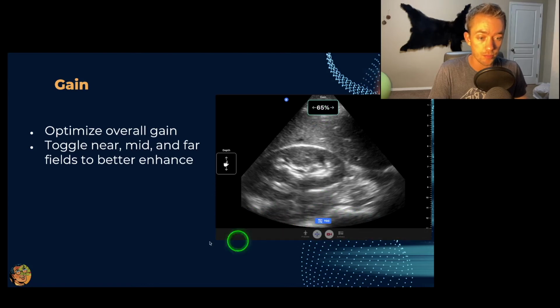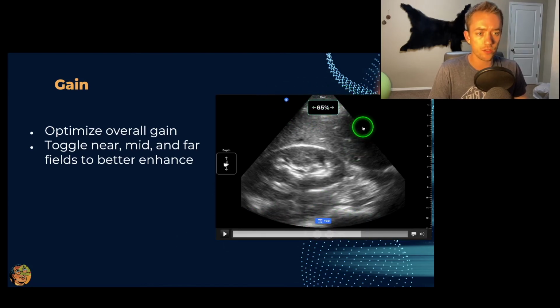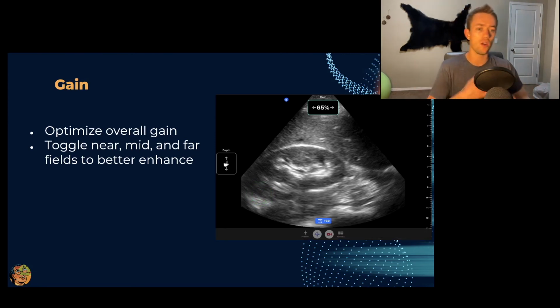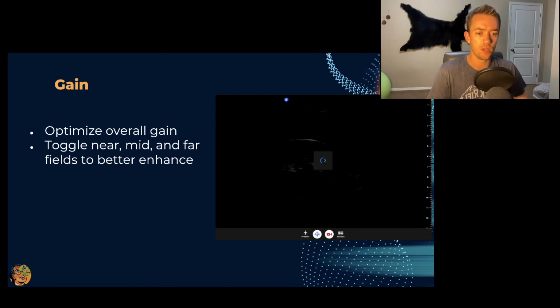So this is the near field, or the nearest to the probe, this is the middle of the field, and this is the far field, furthest away from the probe. When you go into these settings, you can change the gain in all the different fields in order to optimize what you're looking at and enhance the image even more, and that's really the name of the game.